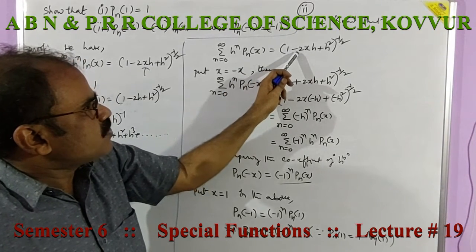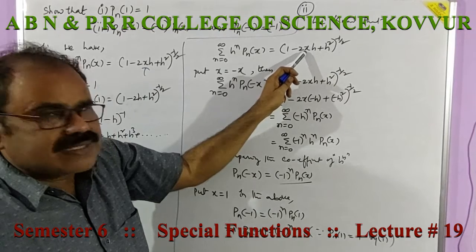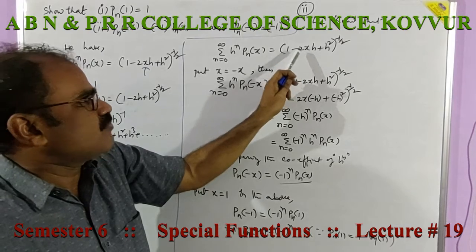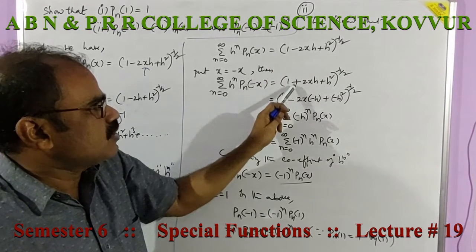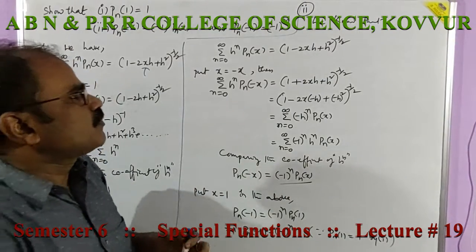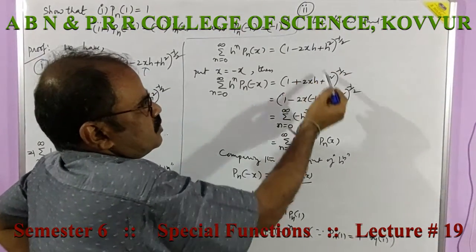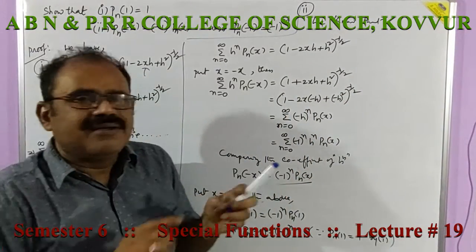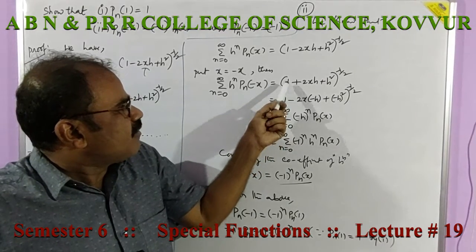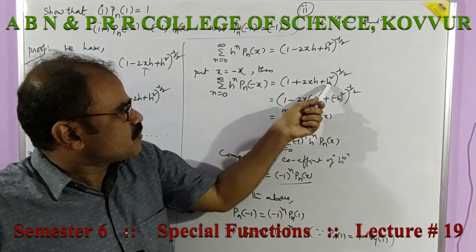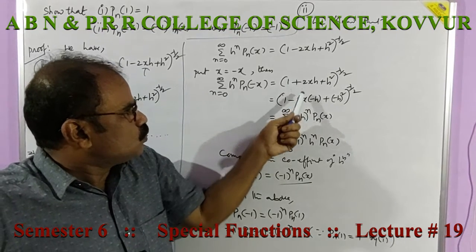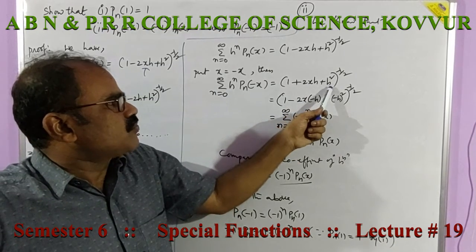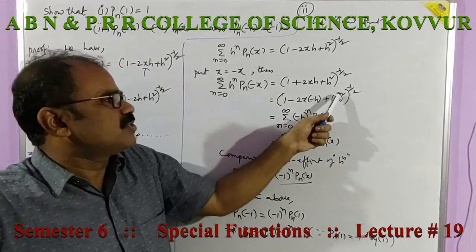And here 1 - 2xh, we replaced x with minus x, therefore this is 1 - 2 into minus x, that is 1 + 2xh, so 1 + 2xh + h^2, power minus 1/2. 1 + 2xh + h^2 can be written in this way: 1 - 2x(-h), that is nothing but 1 + 2xh, and h^2 can be written as (-h)^2, nothing but h^2.